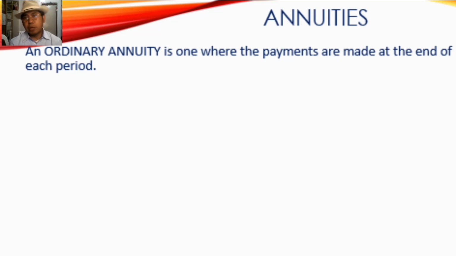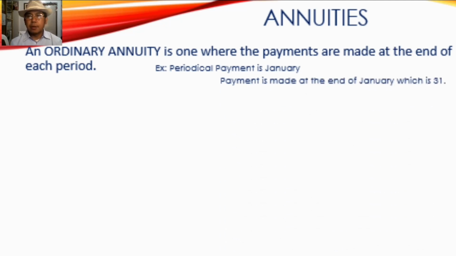So when we say your payment is monthly, you will always pay your annuity at the end of the month. So that is the ordinary annuity. And here is the example. The periodical payment is January. Now, when are you going to start your payment? Is it January 1 or January 31? The answer is January 31.